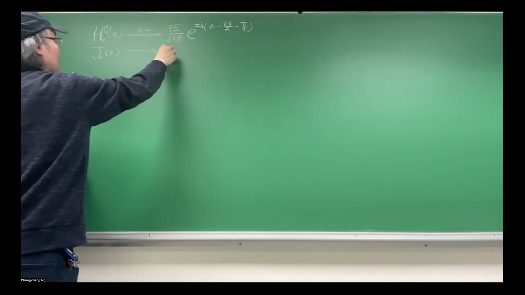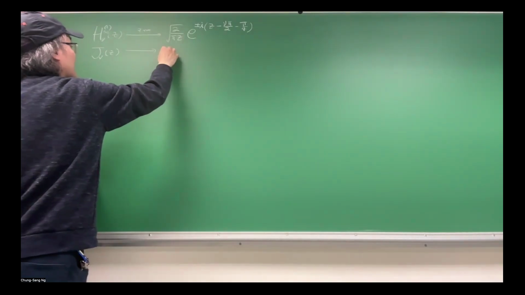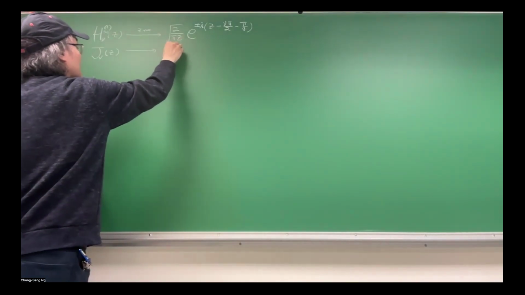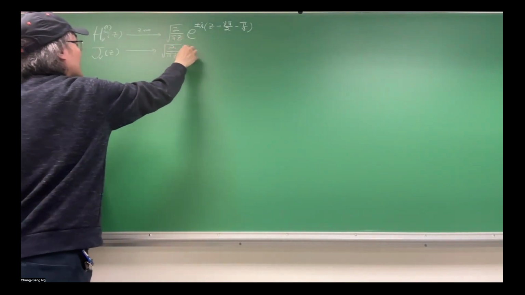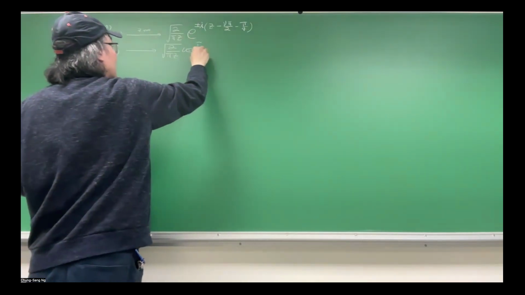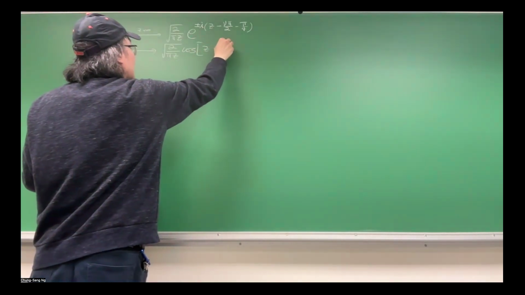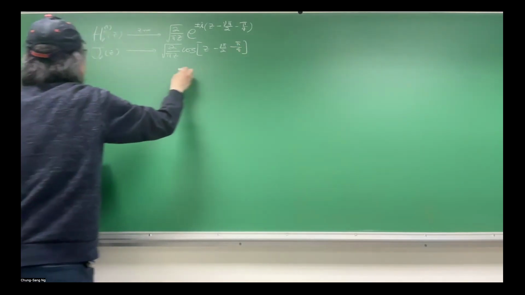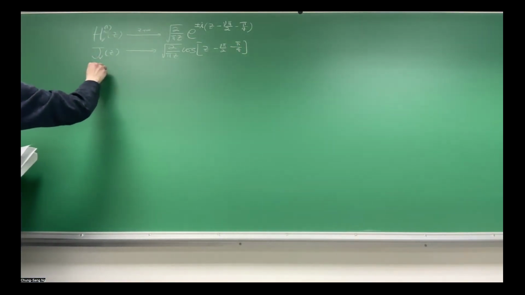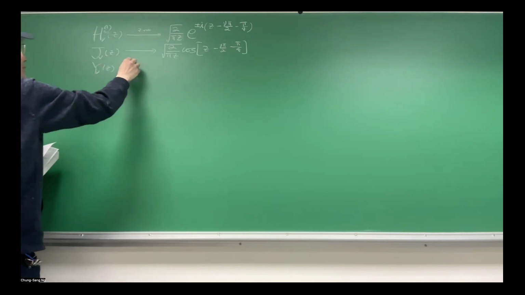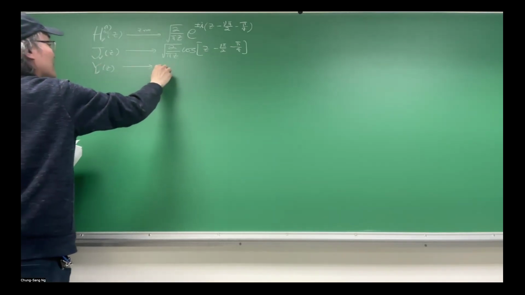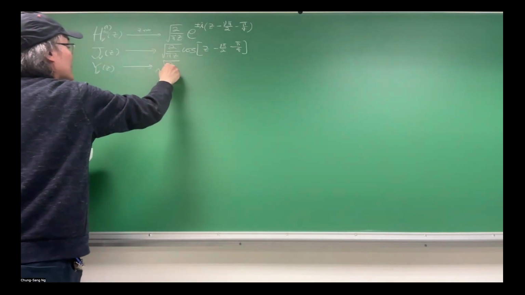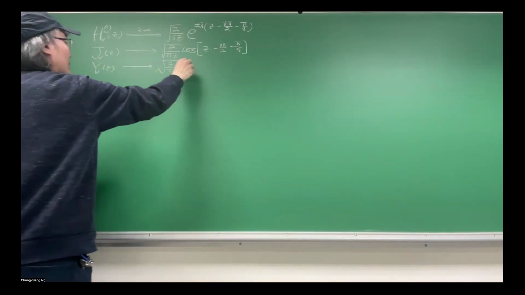And then J nu, last time we already showed that it's the real part of the H function. So it's basically cosine, same thing. And then Y nu is the sine part, the imaginary part.